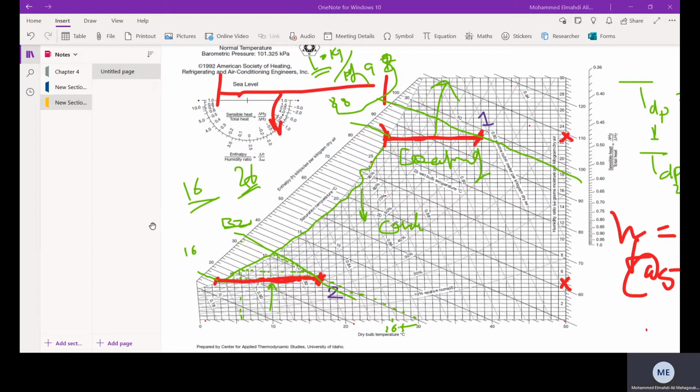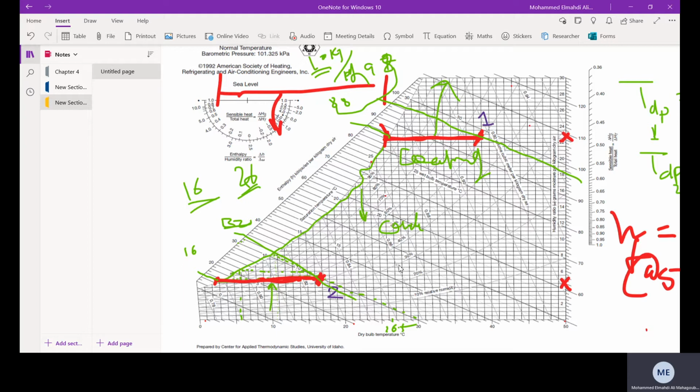Let me check. What is the net heat transfer? Oh, what is the net heat transfer for the entire process? Okay, so we have to do that, in fact. This is heat out from the condensation, and this is heat out from the cooling, and here we have heat in from the heating.